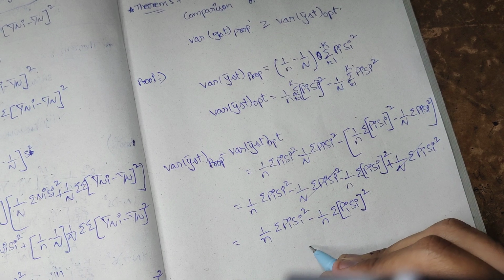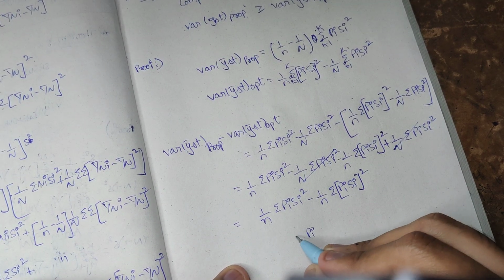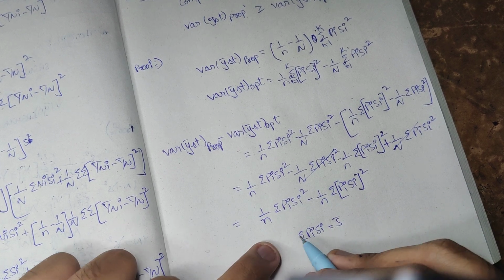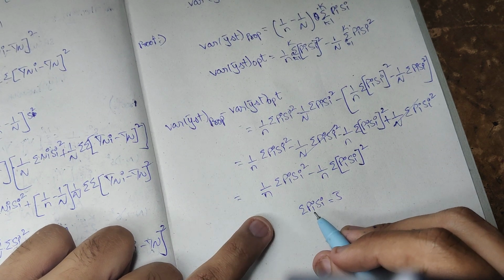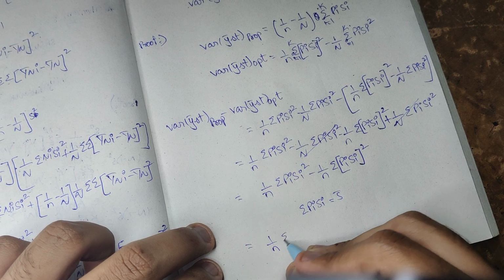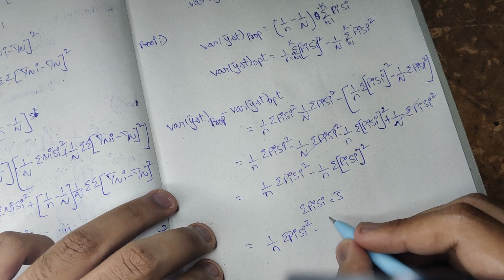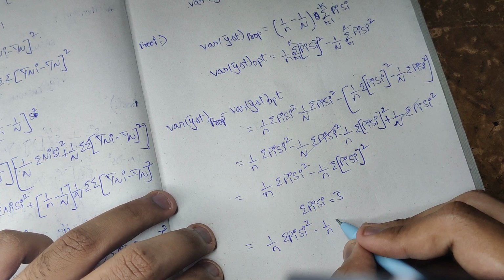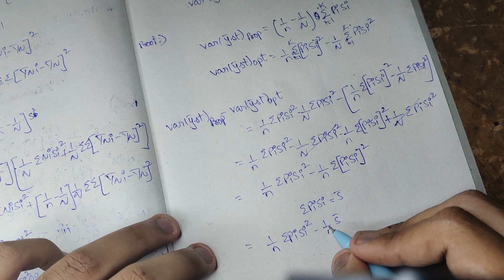Now, by a known formula, summation pi si is equals to s bar. This is one of the formulas in stratified random sampling. Then this would be 1 by n summation pi si square minus 1 by n s bar square.